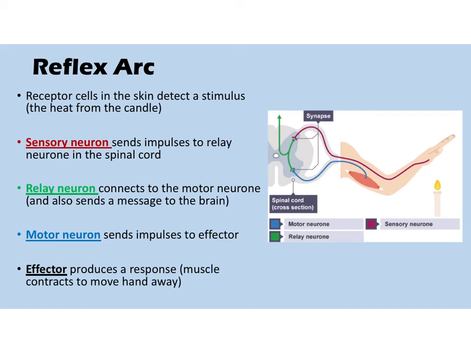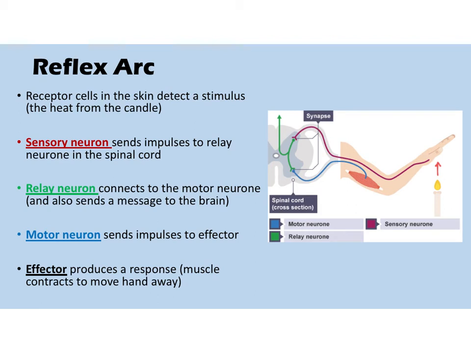Okay, so here's an example. So the receptor cells in the skin detect a stimulus. In this example, it would be heat from a candle. So the heat rises up and the skin detects it. The sensory neuron sends impulses to the relay neuron in the spinal cord.